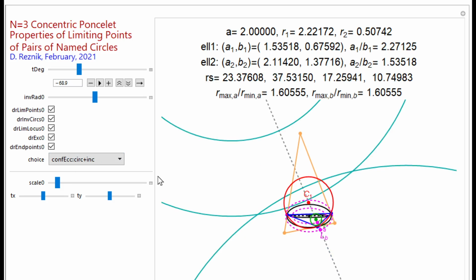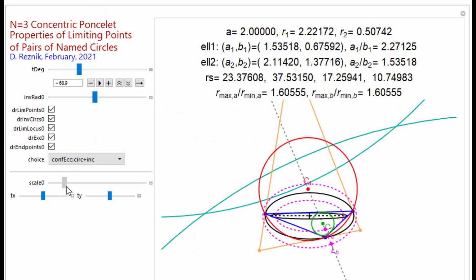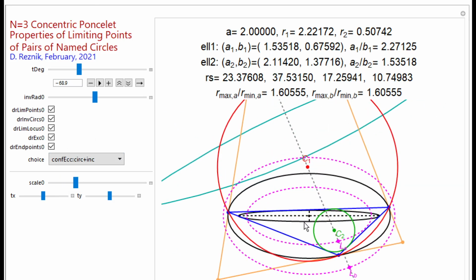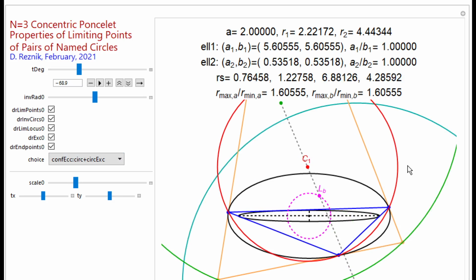And then you have this other phenomenon whereby the ratio of inverted concentric circles is the same if you're considering either incircle with circumcircle or circumcircle with Bevan circle.